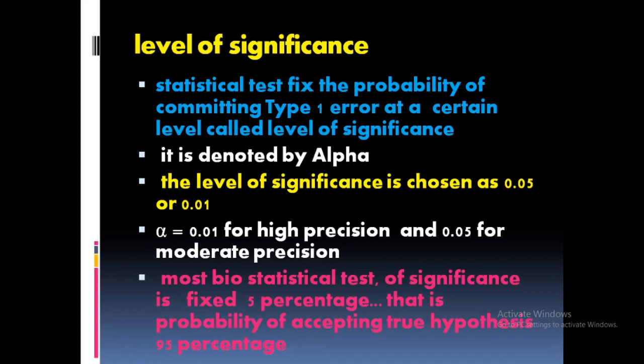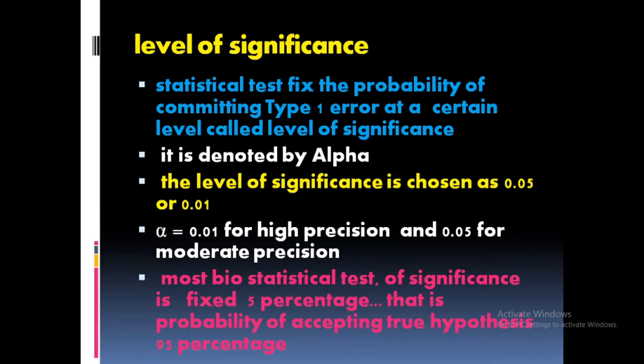There are tests that fix the probability of these errors occurring, and that is called the level of significance. So, level of significance is the probability of committing type 1 error and is usually denoted by alpha. The chance of committing type 2 error is very small.